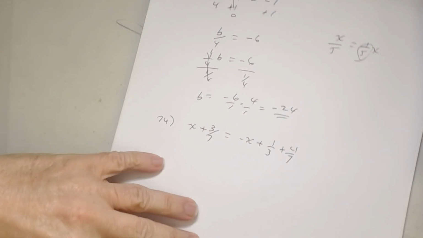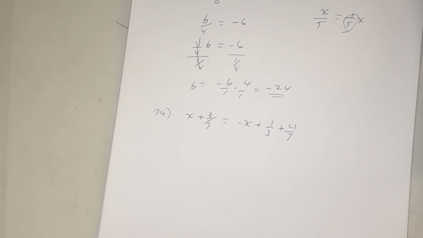So x plus 3 divided by 7 equals -x plus 1/3 plus 4/7. Okay, so what would be the first step? Combine like terms. Where would you combine like terms? On which side? The right side. Now what two terms are alike on the right side? The constants, the fractions. So use your calculator.